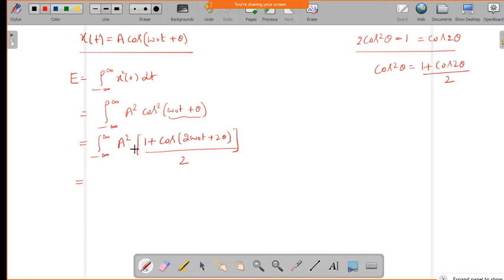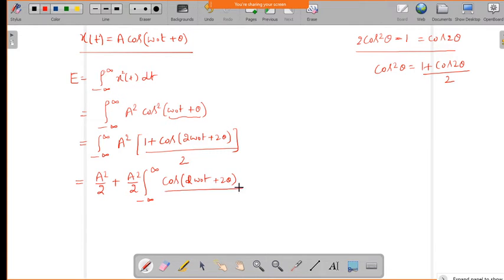Now multiply by a square inside, and you will get a square by 2 plus a square by 2 times the integral from minus infinity to plus infinity of cos of 2 omega naught t plus 2 theta.